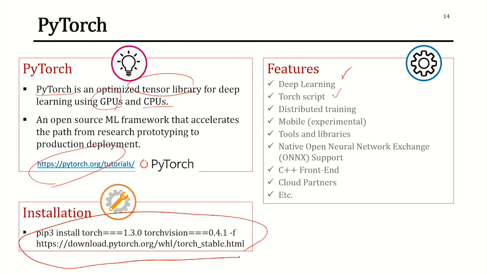In PyTorch, it uses TorchScript, so we need to learn some scripting, how we can write it to perform NLP or deep learning tasks. And it has tools and libraries to support it. The front end of PyTorch basically uses the C++ programming language, and it also has many cloud partners.